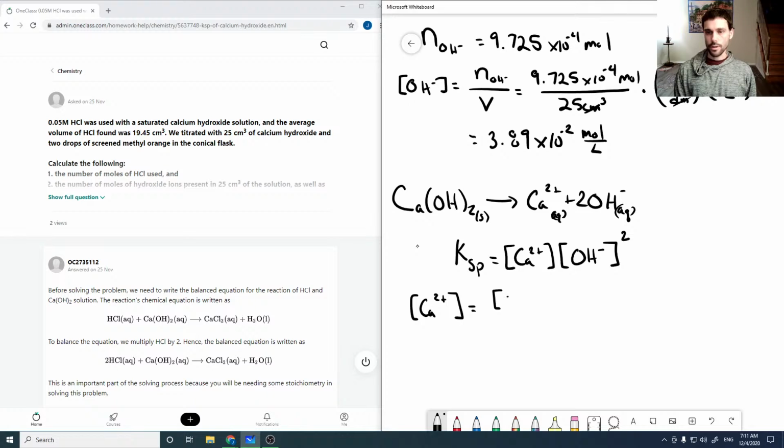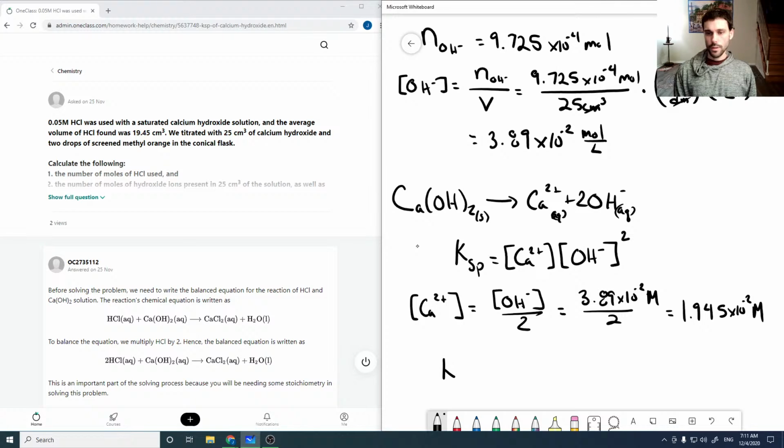So it should be our concentration of OH minus over 2, which is 3.89 times 10 to the minus 2 over 2, that's molar, or 1.945 times 10 to the minus 2 molar.